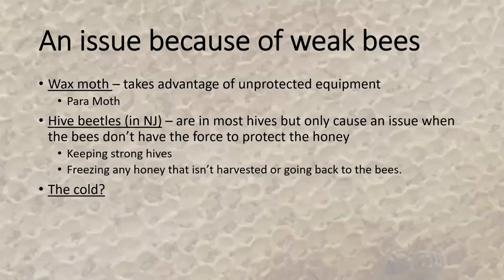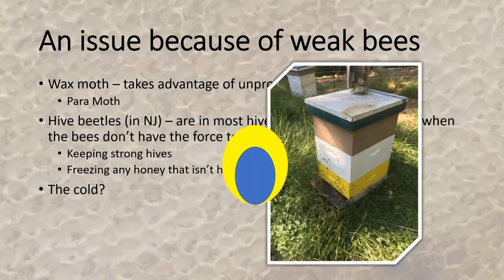Another issue. So those are two pests associated with weak bees. The other being the cold. In the wintertime, especially this time of year, from I think our last talk when I was talking about equipment, you have here the hard-boiled egg analogy, where the blue is our brood area, the yellow is our honey that is stored.